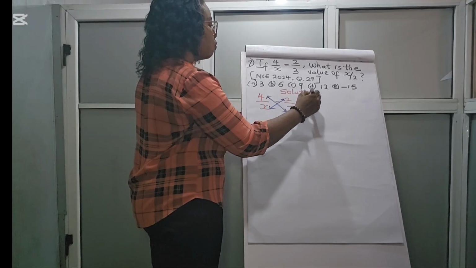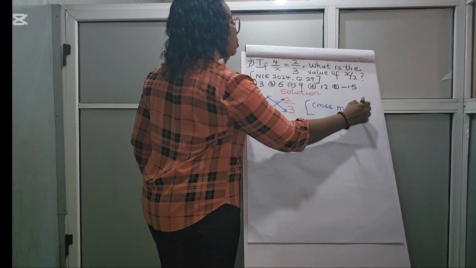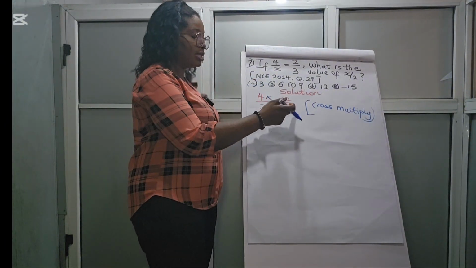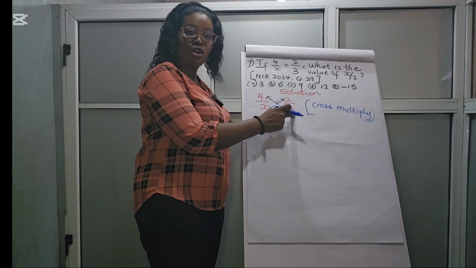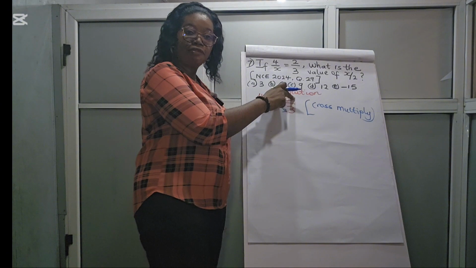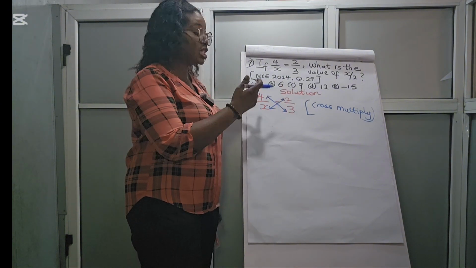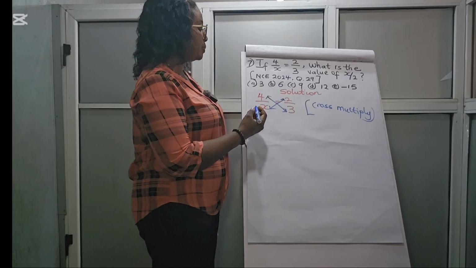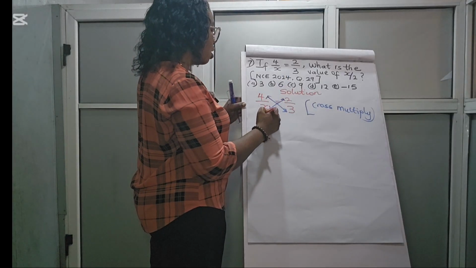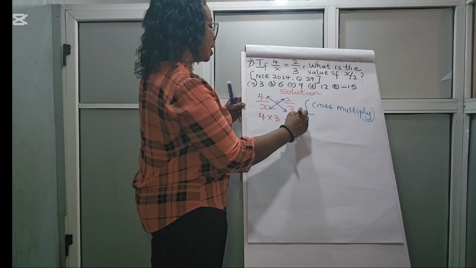The numerator of one multiplies the denominator of the opposite fraction, and the numerator of the other fraction multiplies the denominator of the opposite fraction. That is what we mean by cross multiplying. So solving this, we have 4 times 3 equal to 2 times x.